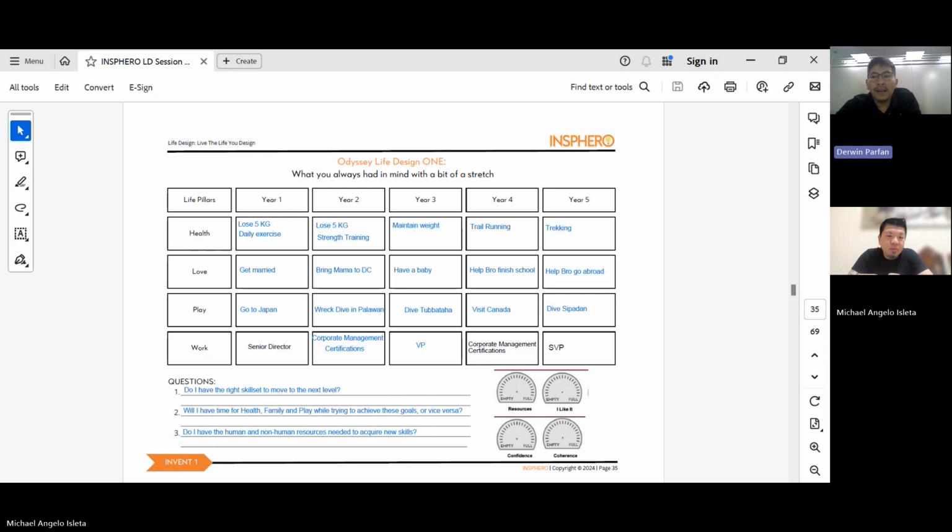My key takeaway for the invent phase would be imagination can be unlimited, right? That means we can imagine our life, we can smile about it, but for me, it's expectation versus reality, right? So we can always aim high, try to achieve greater heights, but we also need to be realistic.